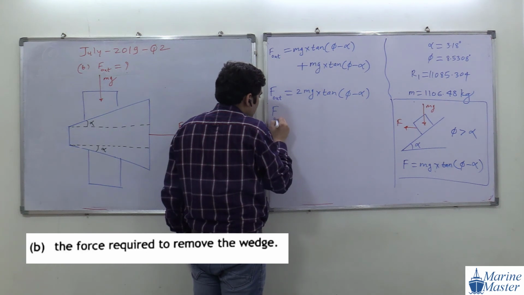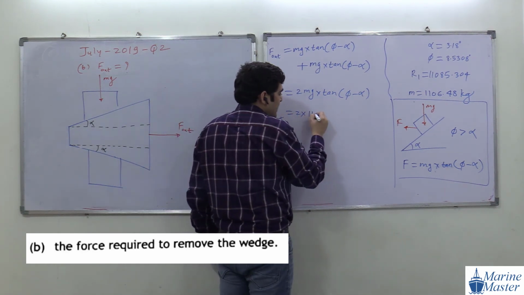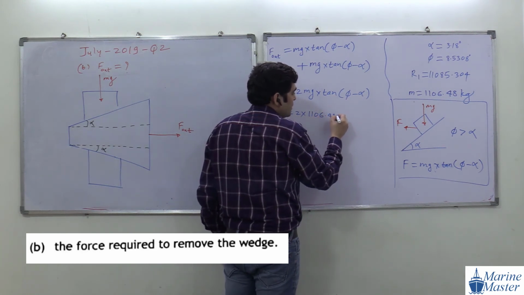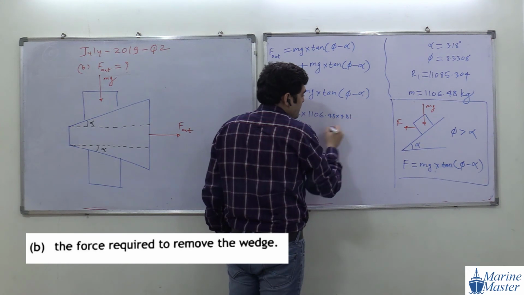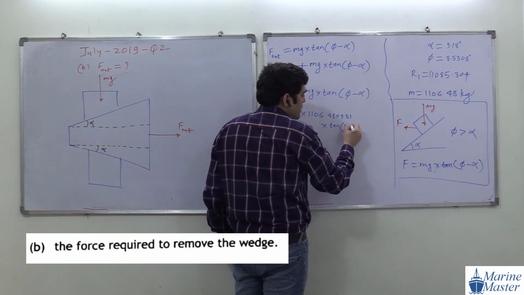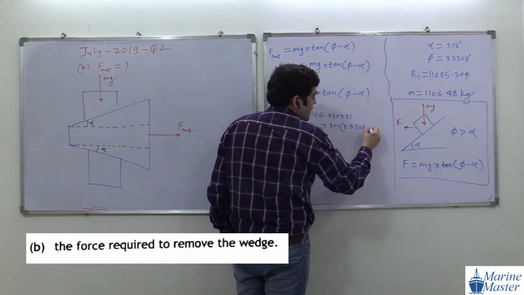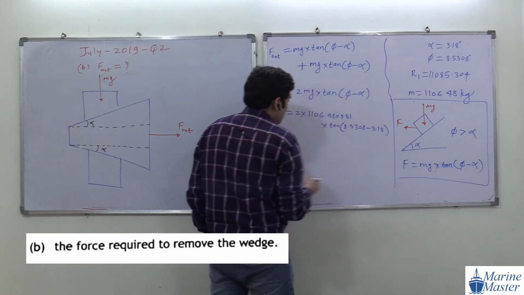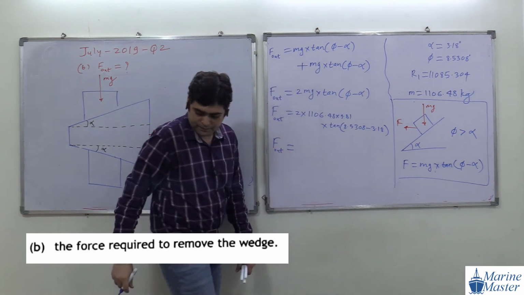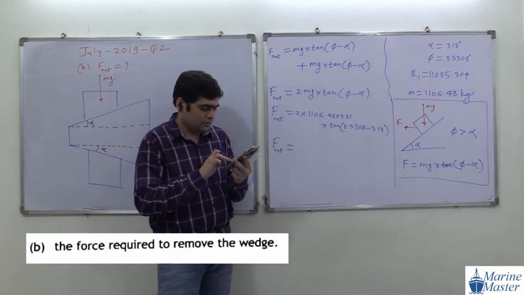F out will be equal to 2 times mass, which is 1106.48, multiplied by g, which is 9.81, multiplied by tan of phi minus alpha, which is 8.5308 minus alpha, 3.18. Please everyone do the calculation and tell me the value of force out.